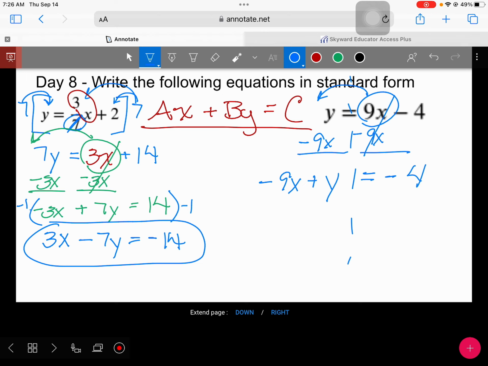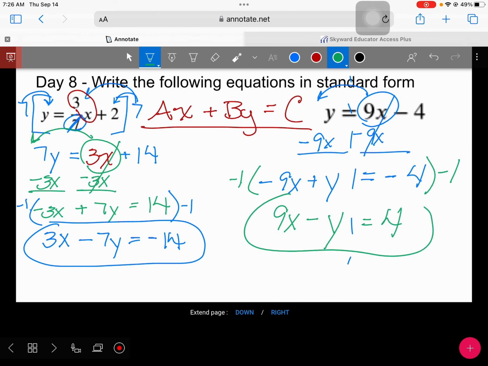I need that a to be a positive. So times negative 1, times negative 1. Negative times negative gives me the positive. And every sign switches. Negative times positive is minus y, equals negative times negative, a positive 4. And there you have it.